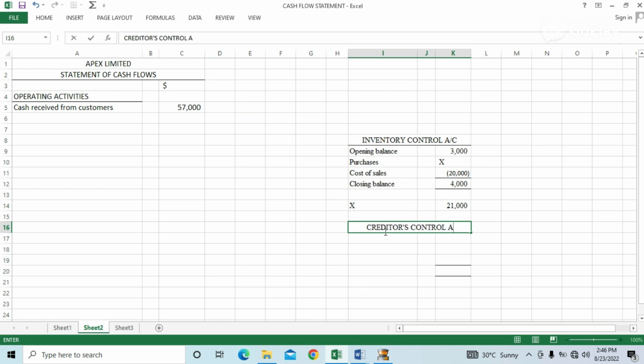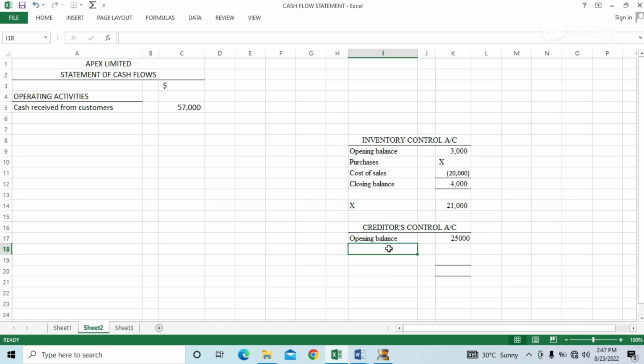Under the creditors control account, we will still have the opening balance, and per what we have seen in the balance sheet, the opening balance was 25,000. So it means that we were owing our creditors, our suppliers, 25,000 from the previous year.